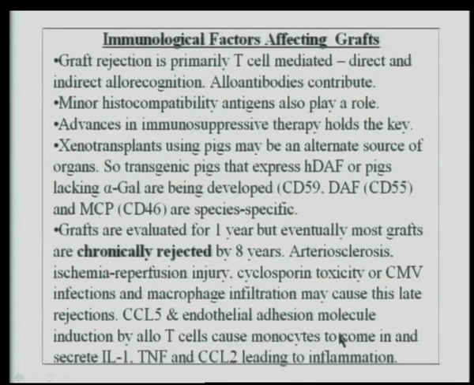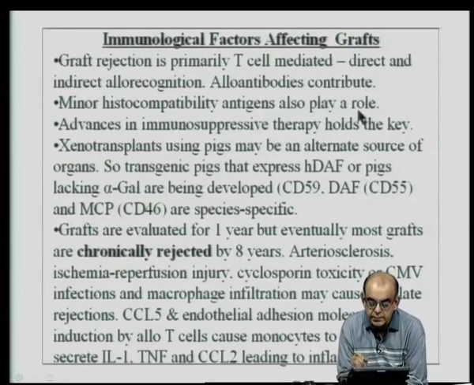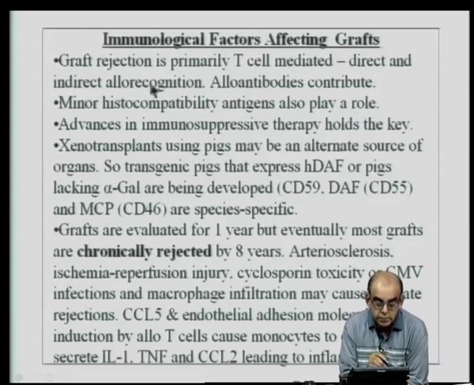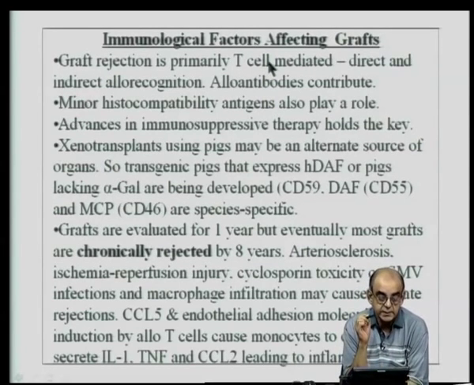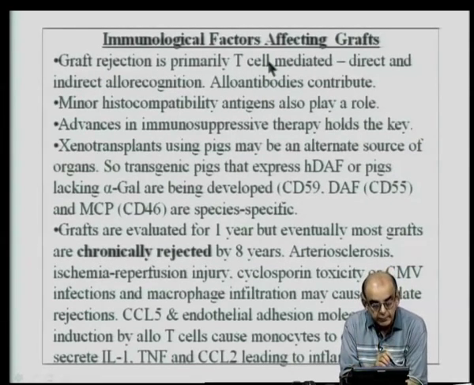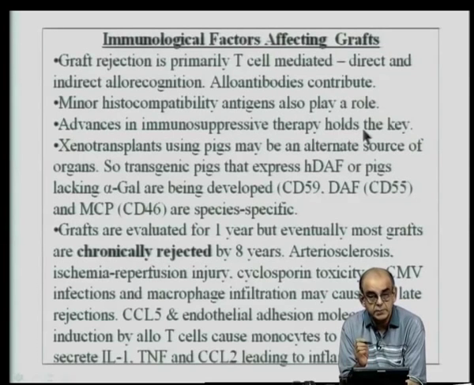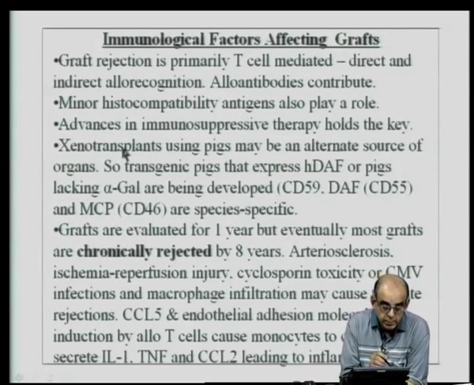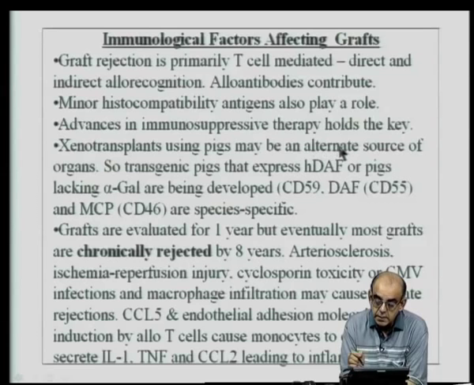Now, if you go on further, as I told you earlier, minor histocompatibility antigens play a very great role. So, graft rejection is primarily a T cell mediated reaction. Now, advances in immunosuppressive therapy actually hold the key. Xenotransplants using pigs may be an alternate source of organs.